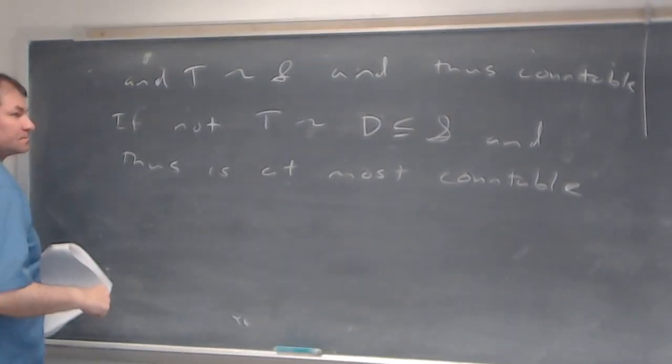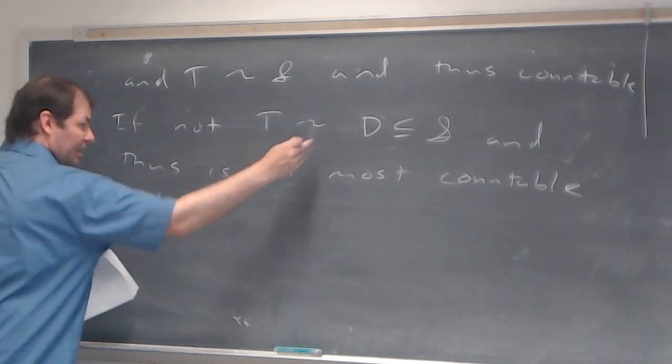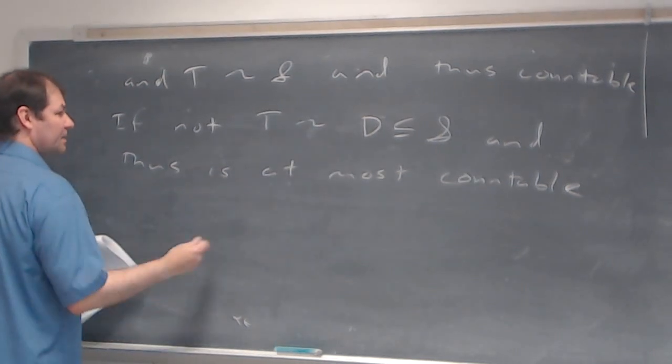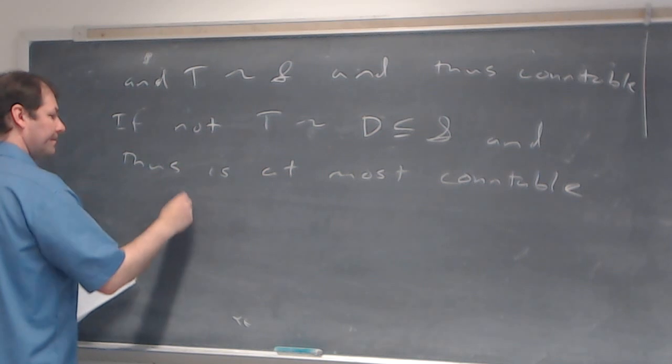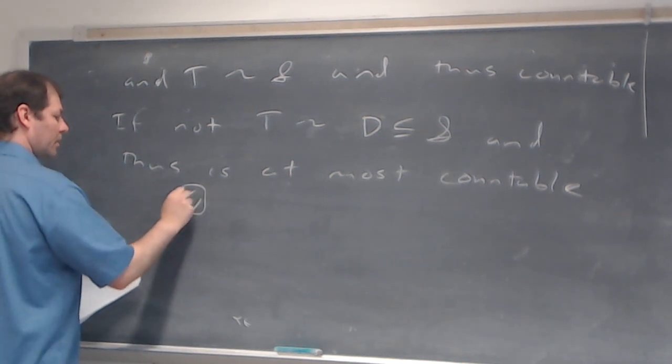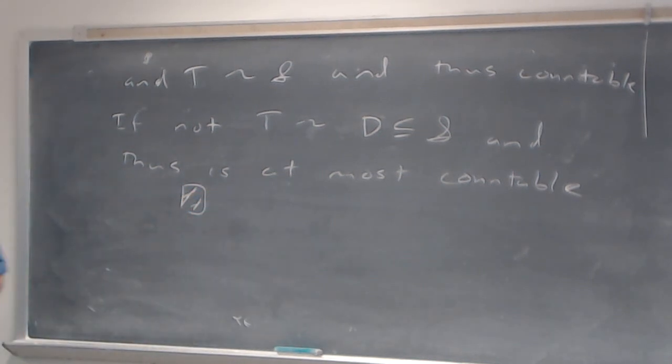Because it could be equivalent to S, but it might be smaller than that, so it can be finite. So therefore it's at most countable. Okay, that's enough for today. Thank you very much.